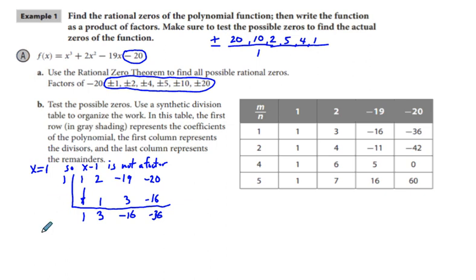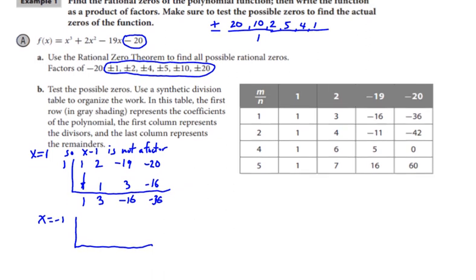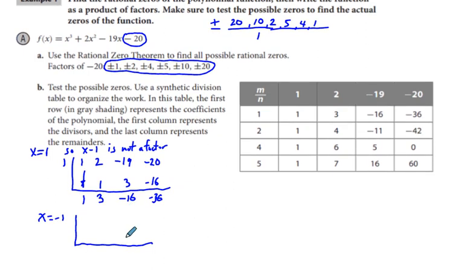Next, we're going to try x equals negative 1. And for that, we're going to put negative 1 out here, and kind of leave a little more room down here for visibility. Again, we put 1, 2, negative 19, negative 20.